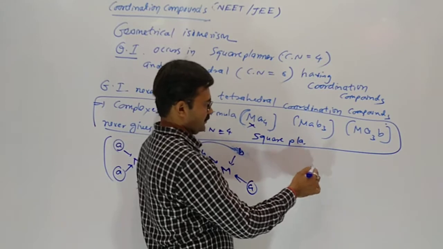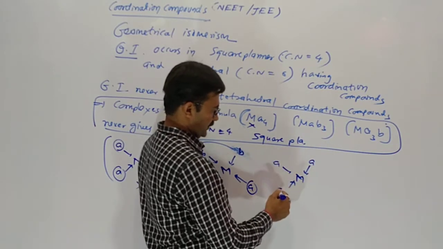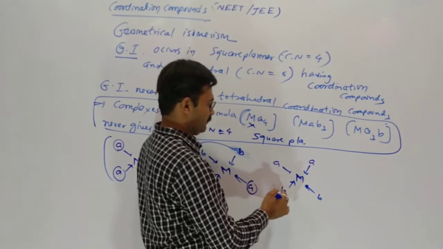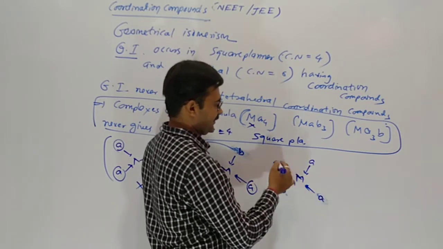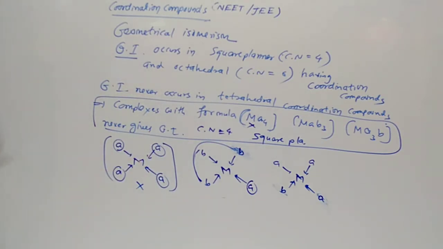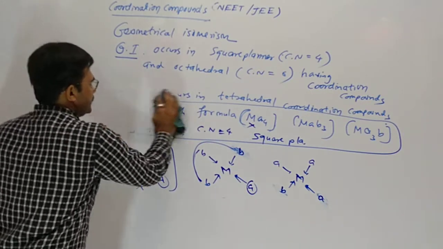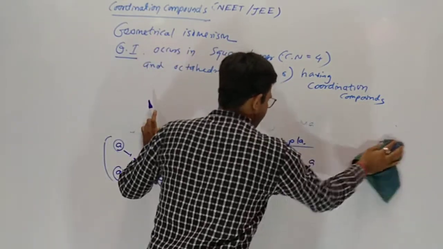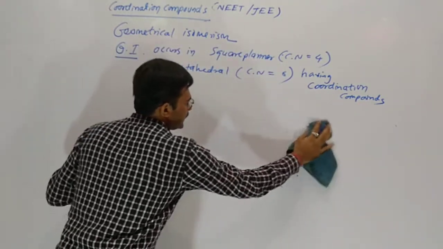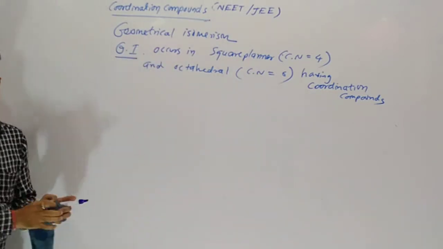If 3A and 1B is taken and we change the place of B, no change occurs. So this type of entity never gives geometrical isomerism.